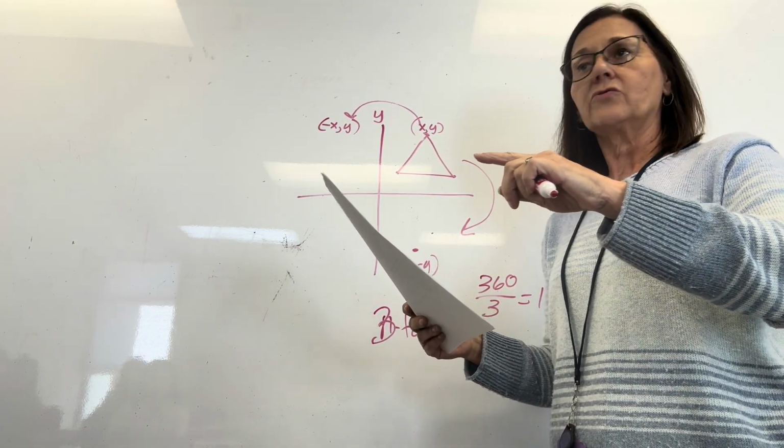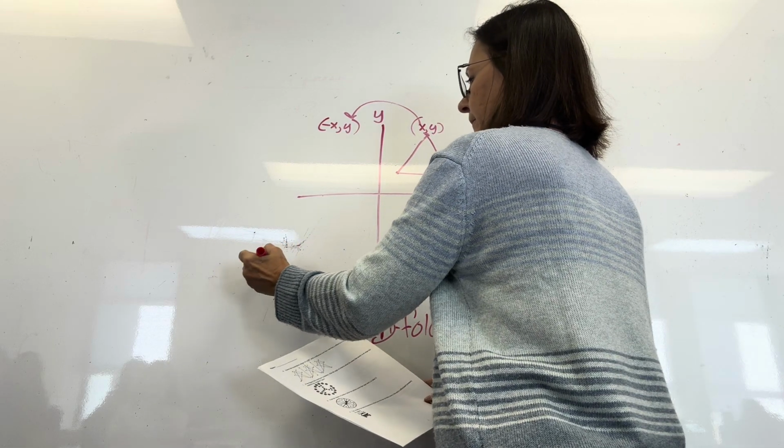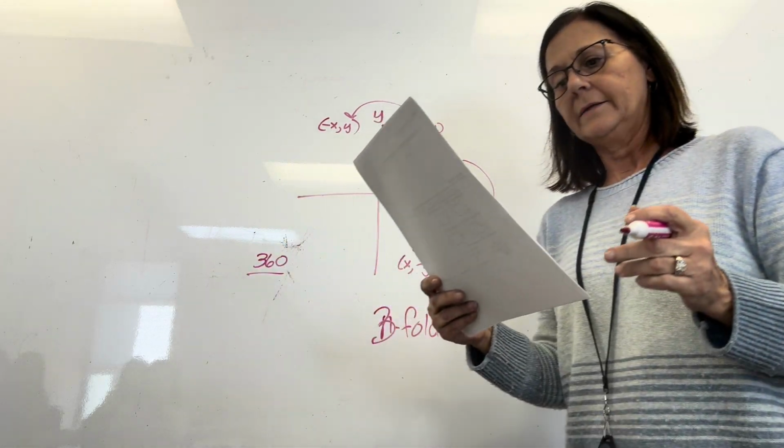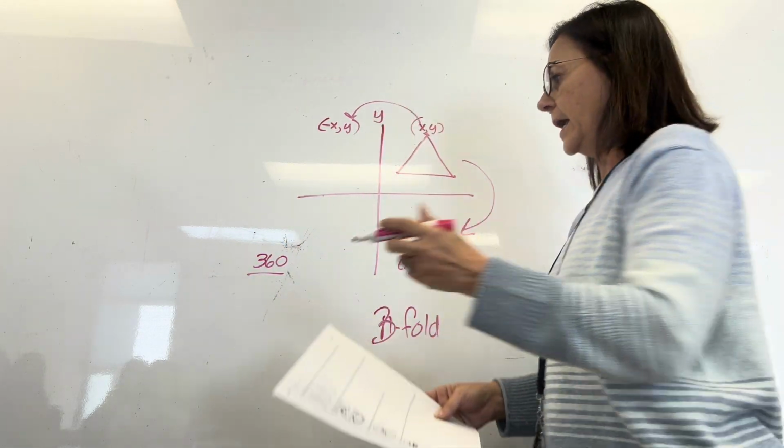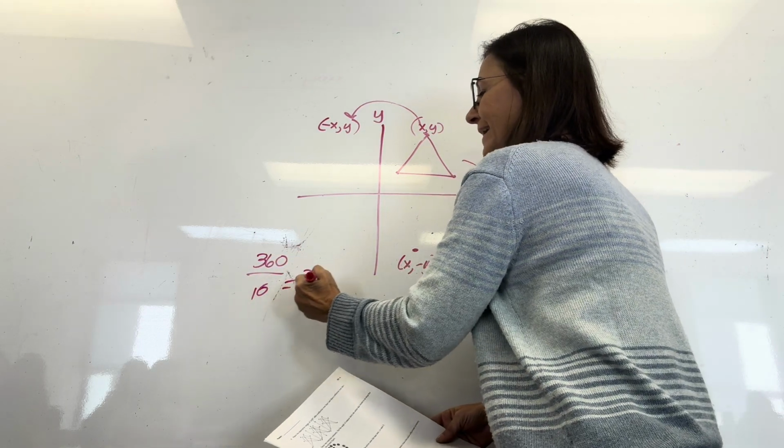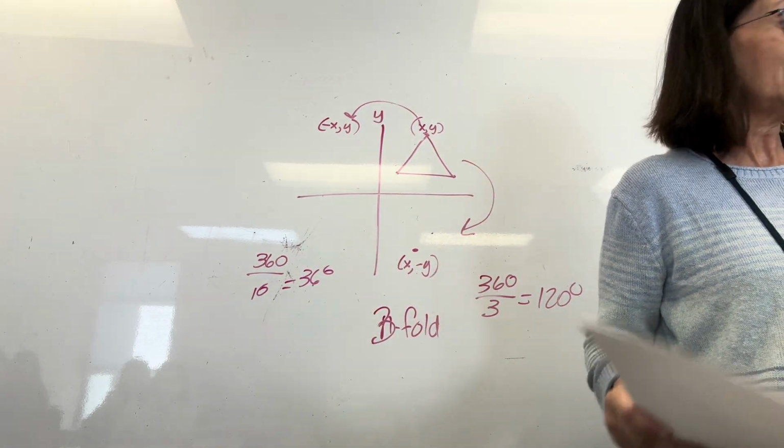How do I find this? 360 divided by what? 10. 10. So 36 degrees. That's correct.